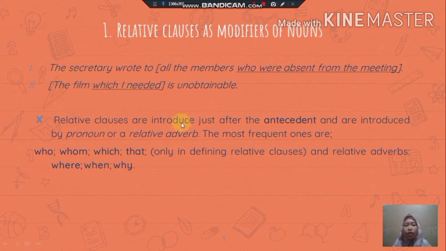Relative clauses are introduced just after the antecedent and are introduced by a pronoun or a relative adverb. The most frequent ones are who, whom, which, or that, only in defining relative clauses, and relative adverbs like where, when, or why.